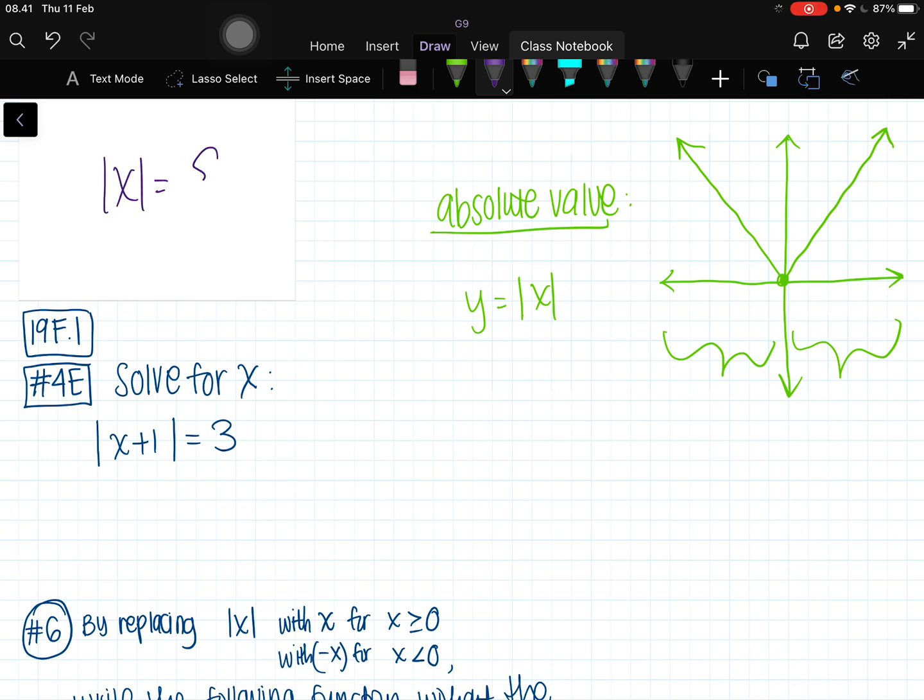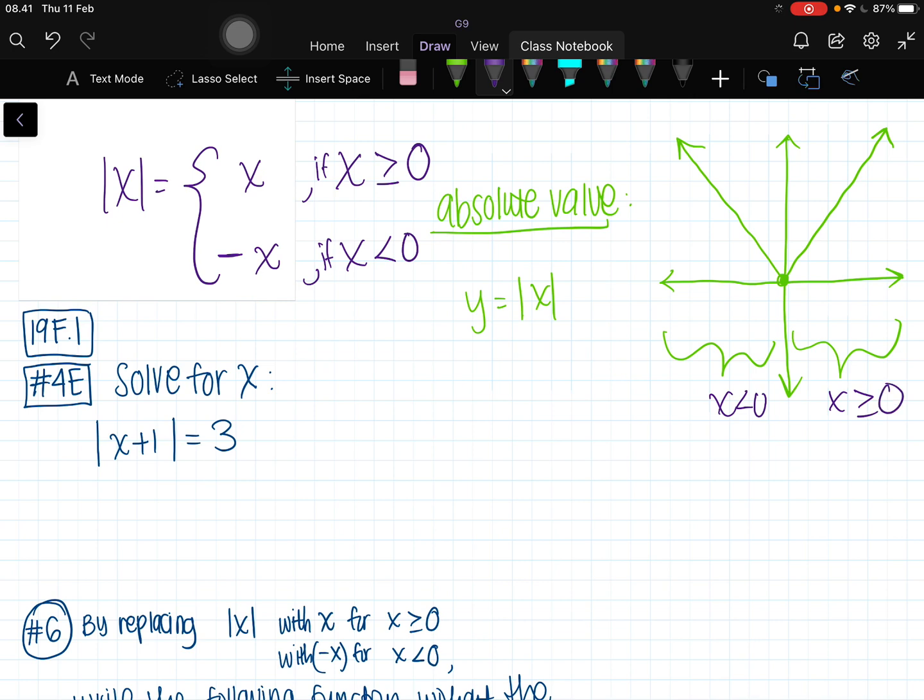So you could rewrite absolute value of x as x if x is greater than or equal to 0, or positive, then it will stay as x. But if x is less than 0, or a negative, we multiply by -1. Okay, keep that in mind. So this is x is less than 0, it's greater than or equal to 0.